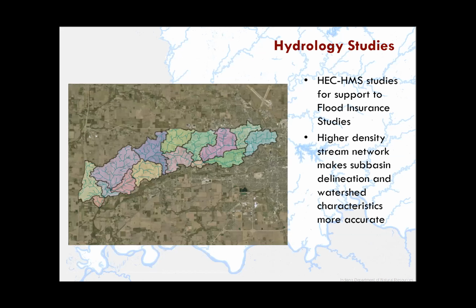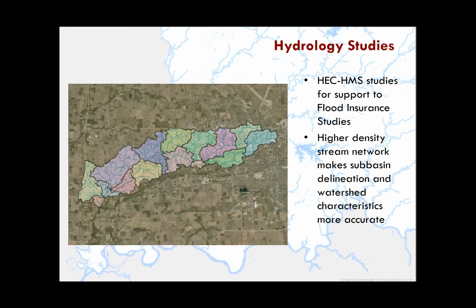Then it's also key to use that 6-acre drainage limit when we go to define hydrology, and we use the Corps of Engineers HMS model to determine flow rates for our flood insurance studies work and our regulatory work for that matter.